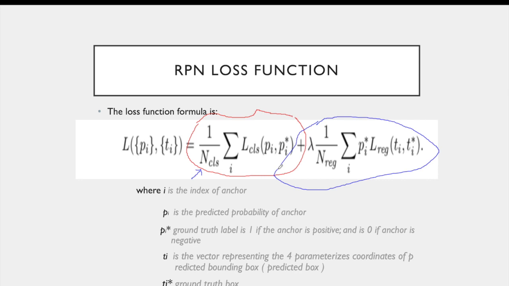P subscript i is the predicted probability of the anchor being the object. And the P star is the ground truth label. It is 1 if it is a positive anchor, and 0 if it is a negative anchor. So this first term will actually determine the objectness score.